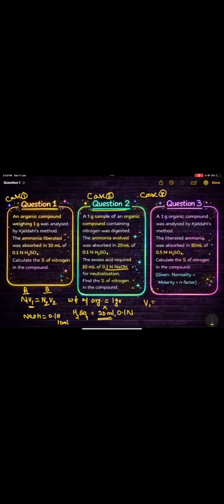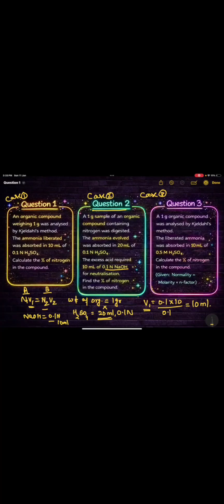So V1 equals N2V2. See, the N2 value is the base value. So the base normality is 0.1, and the volume of base is 10 ml, and the normality of the acid is also the same, 0.1. So we will get 10 ml as the volume of H2SO4 left. V1 means the volume left.